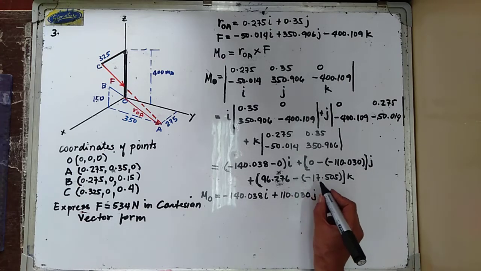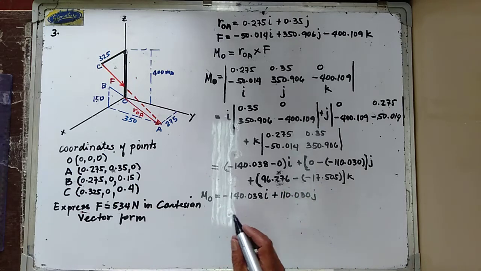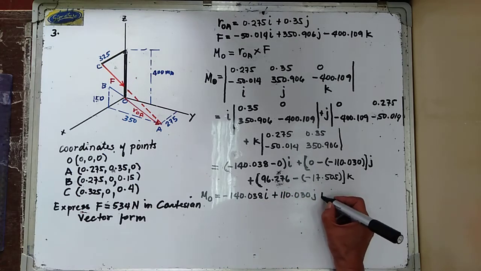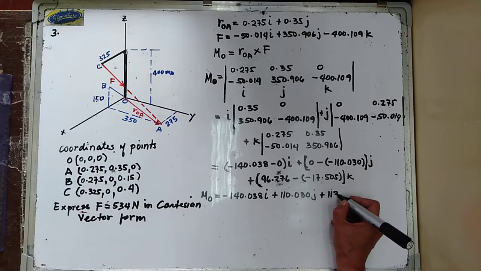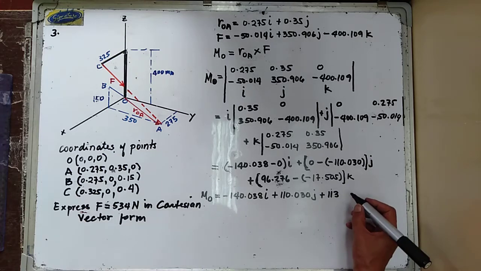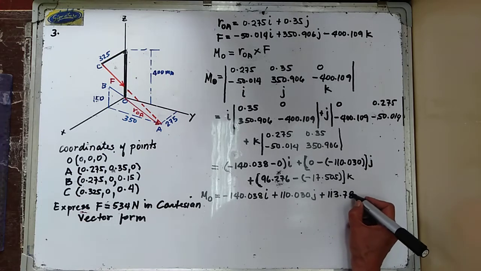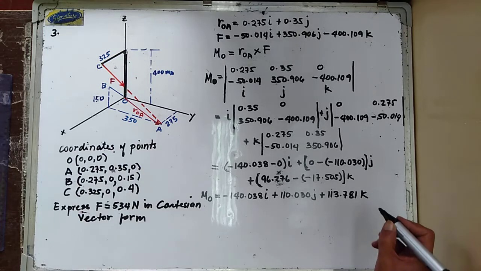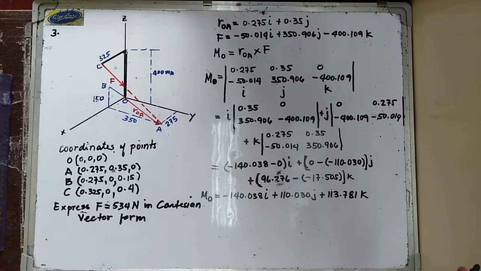So minus and minus is positive, plus 96.276 is plus 113.781K. So this is therefore the moment of the vector about point O.